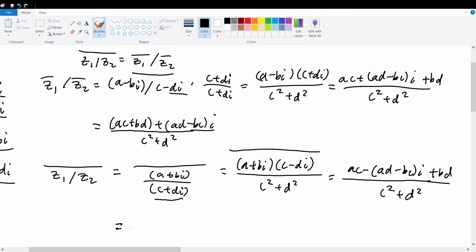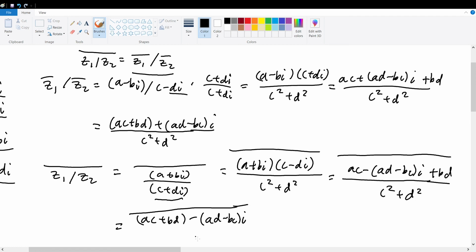And this then becomes, if we group the real and imaginary terms together, ac plus bd parenthesized, this is the real term, minus the imaginary term, ad minus bc times i, divided by c squared plus d squared. And the conjugate of c squared plus d squared isn't anything new because within the denominator there are no more imaginary terms. So we cannot take the conjugate of the denominator, but we can take the conjugate of the numerator because there is an imaginary term.